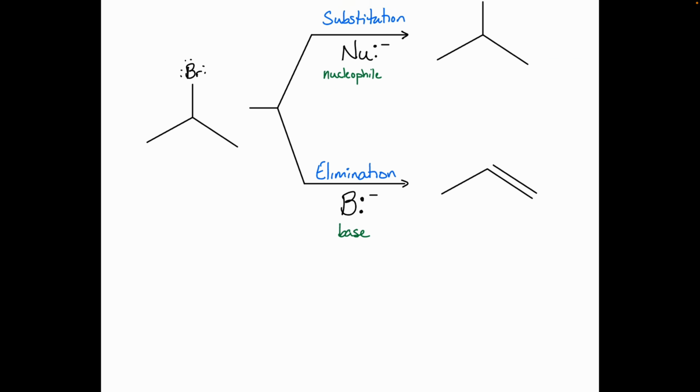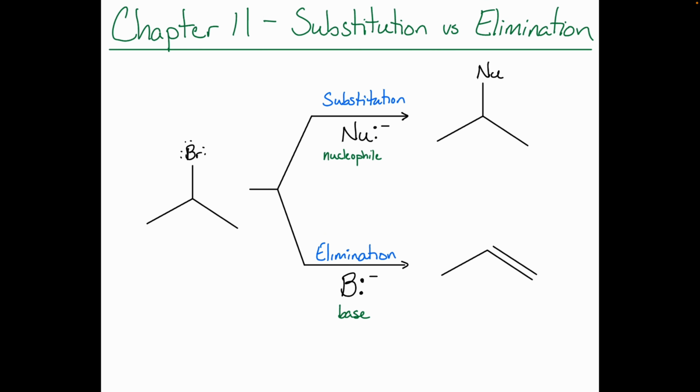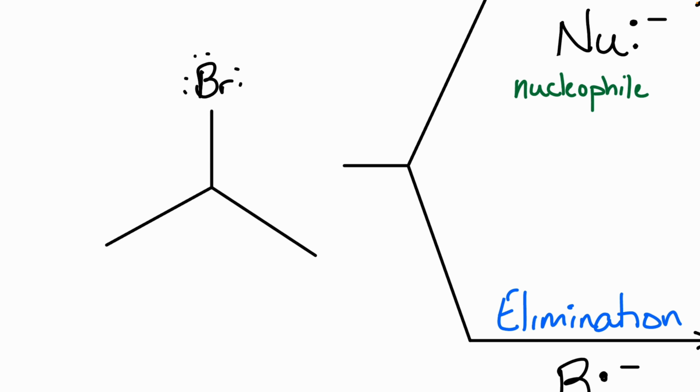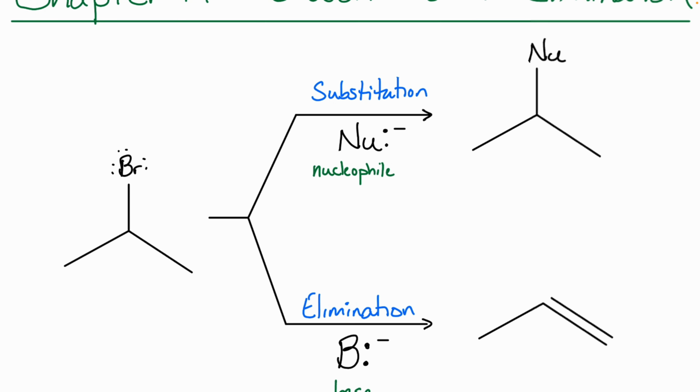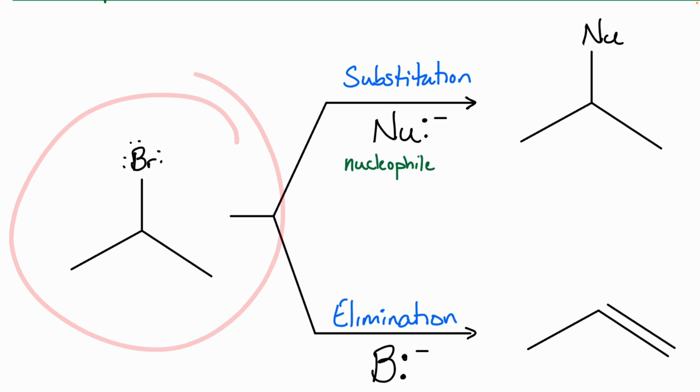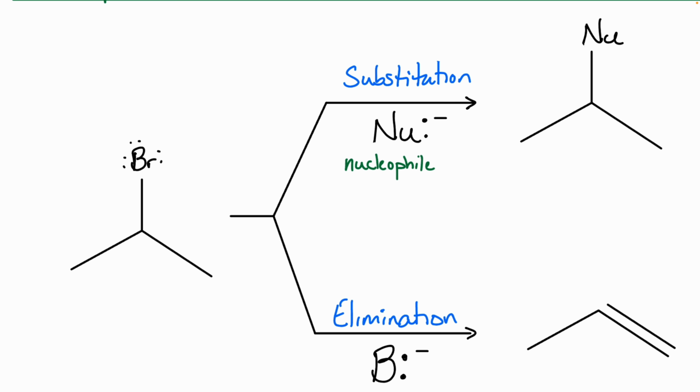Now, one of the reasons why these reactions work is because if we look at our alkyl halide here, we know that it plays the role of what in a chemical reaction with our nucleophile? What role is the alkyl halide playing? The electrophile. And specifically, what is the electrophilic site of this molecule? That carbon that is bonded to our halogen here.